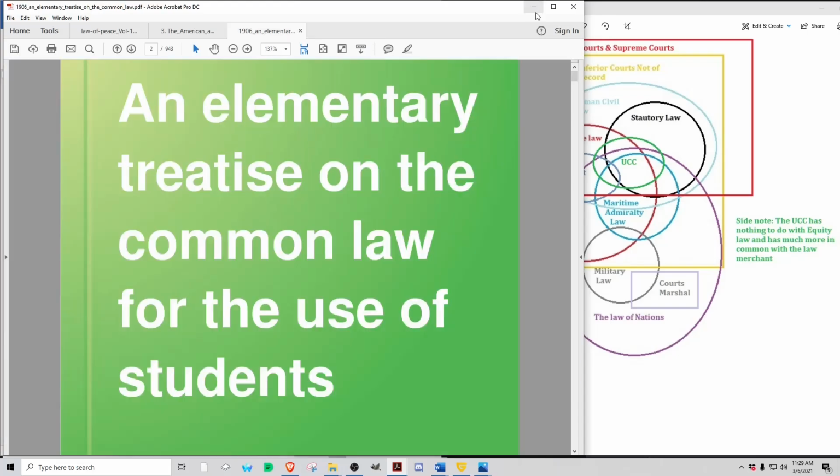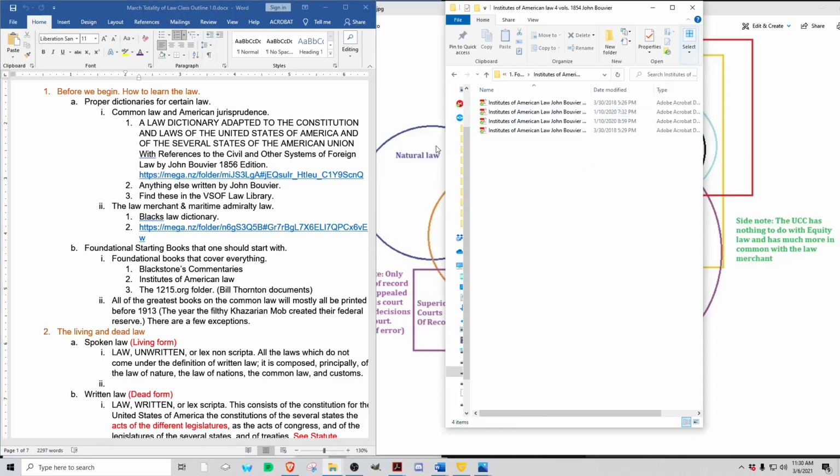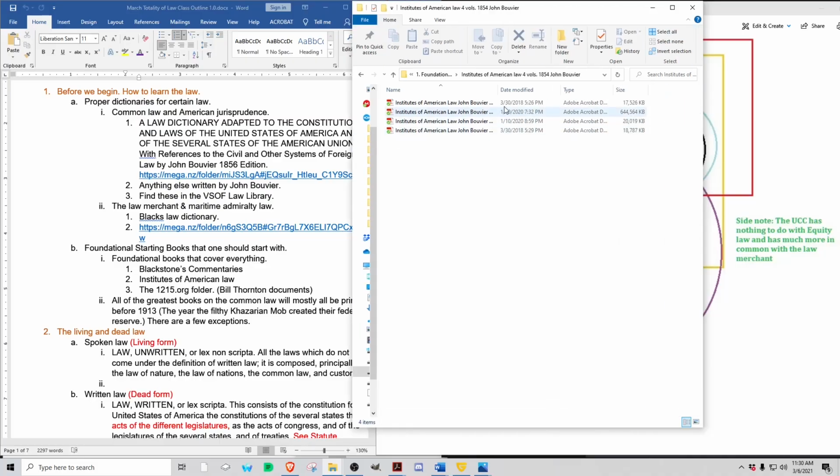So that's Blackstone's. And another foundational document, or another aspect of foundational law, is basically anything else written by John Bouvier. He did a lot more than just write this dictionary. So what I did was I tracked this down off of archive.org.